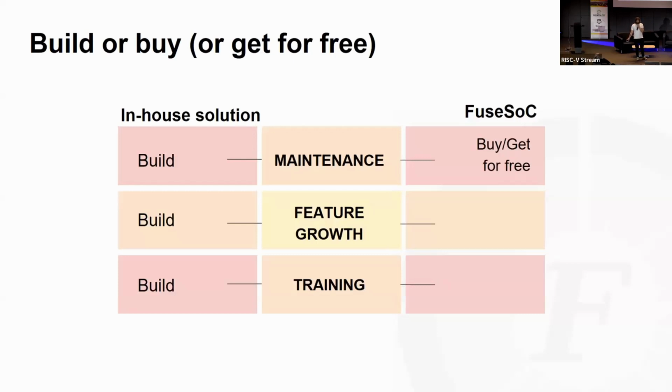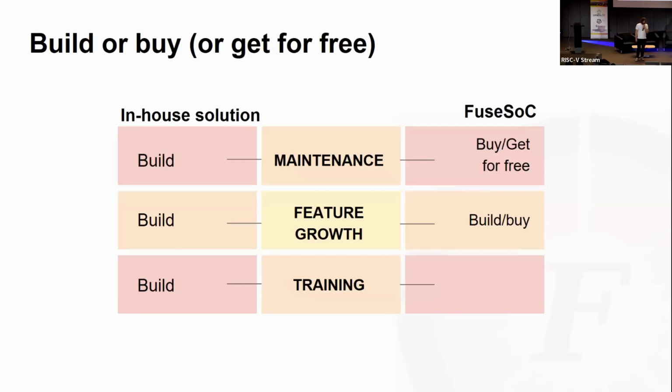If we instead look at what we can do with FuseSoc, maintenance, you can get it for free if you trust that the community around it does the job, or you can buy support contracts. I'm supplying support contracts as we speak for clients. Same with feature growth. If you have something very specific to your use case, you can build it yourself. FuseSoc is open source, so you can just add whatever you want and do your internal things.